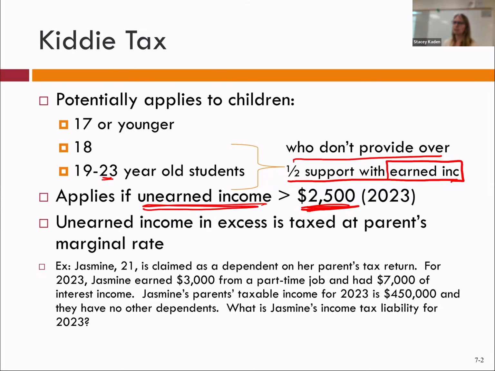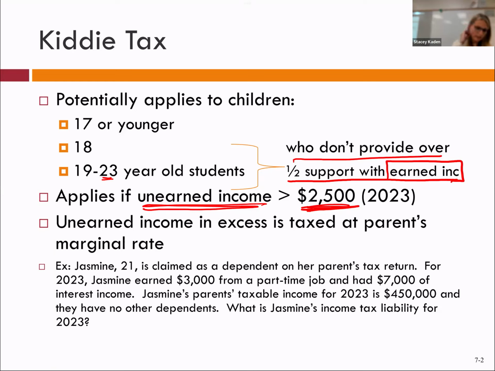So there's a lot of stuff that could potentially be subject to kiddie tax that shouldn't be, but that's what the rule is. And I guess you guys are not a strong lobbying group to get that changed. So it remains. Okay, so let's calculate this because you're going to have to do it on your homework.